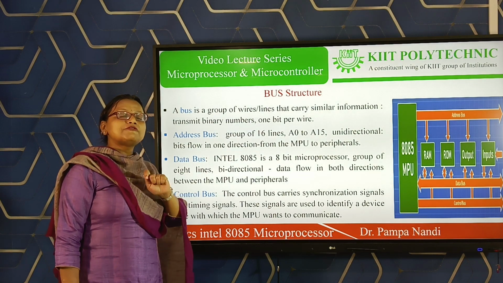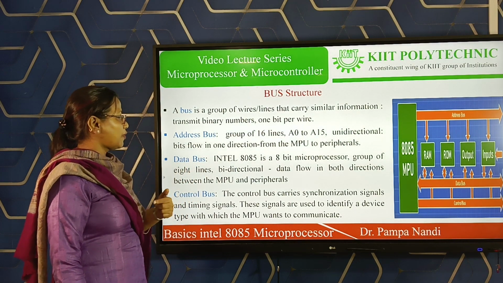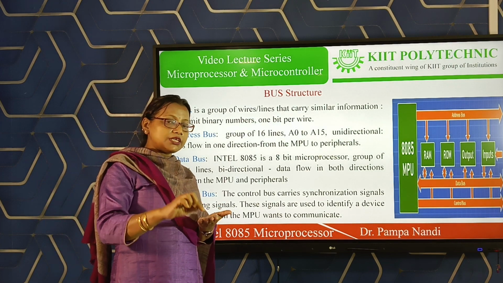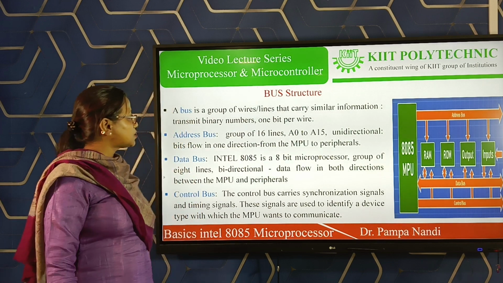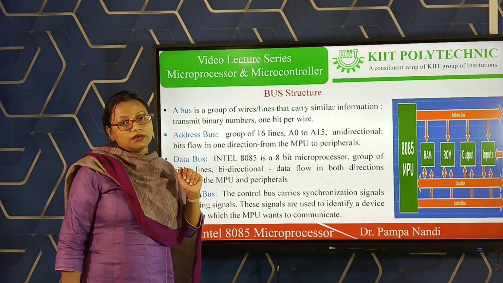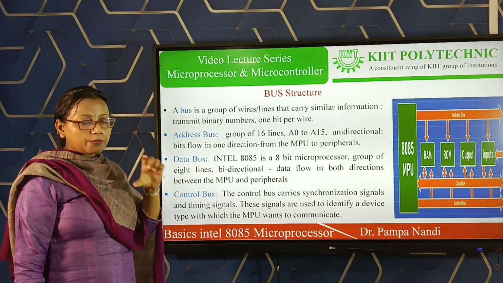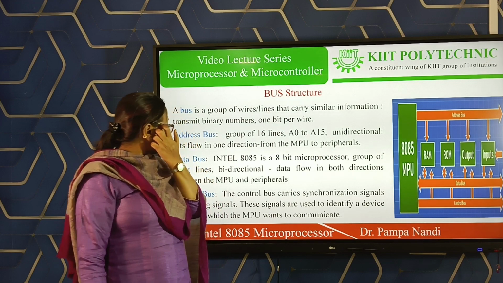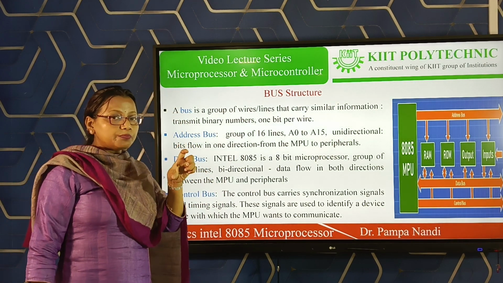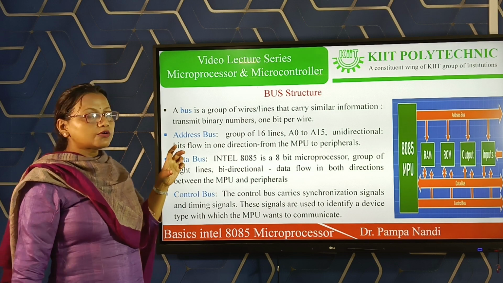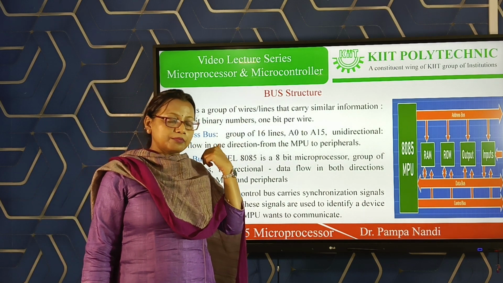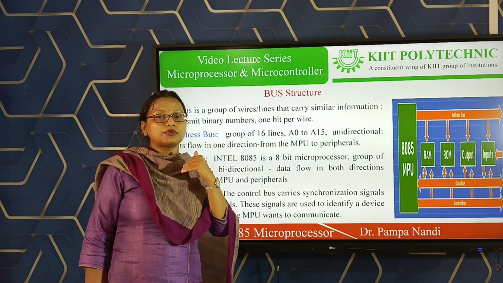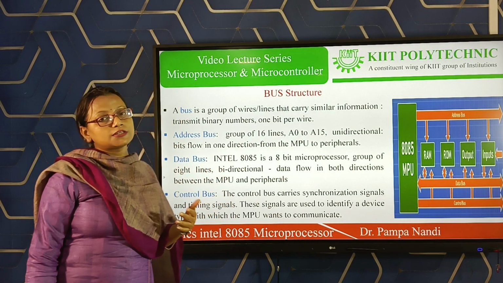A bus is nothing but physical wires, the copper wires you can see, or the copper lines mounted on the PCB. Those are nothing but the buses. So a group of copper lines or physical lines is called a bus. If the lines are carrying the information for data, then we can say it is the data bus.